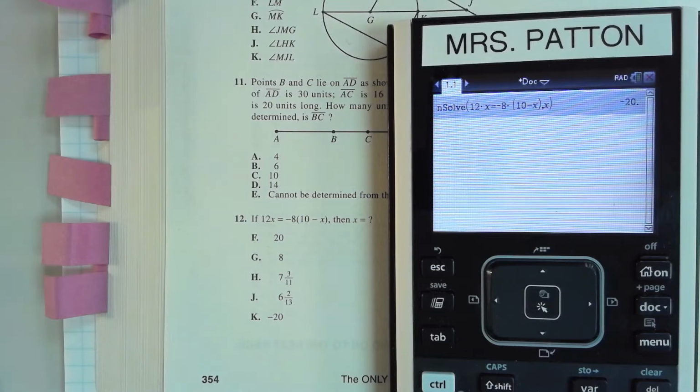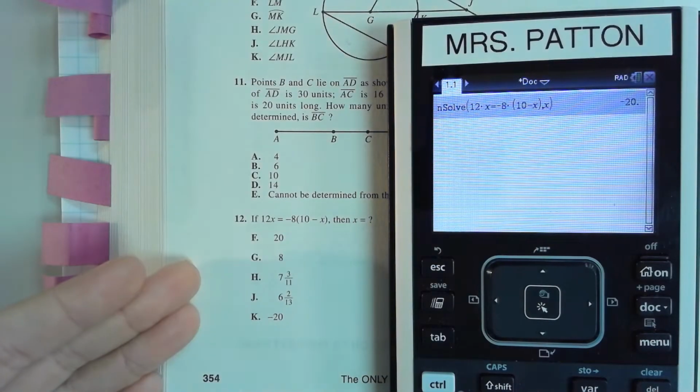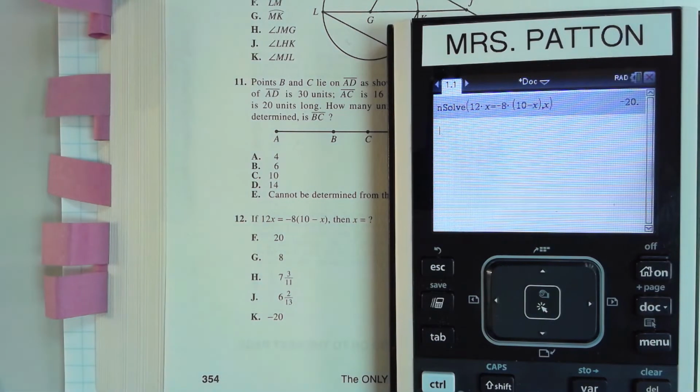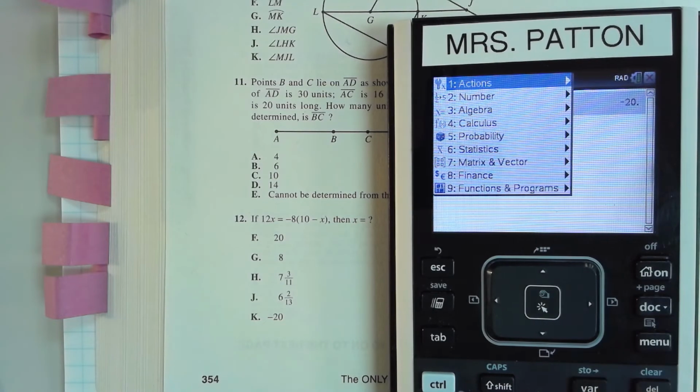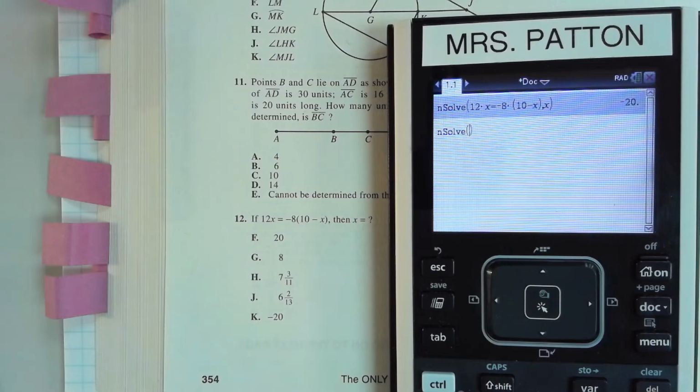At this point, we could have solved it much quicker by hand, but if you're looking at an equation on an ACT or SAT that you don't know how to solve, you don't know where to start, the solve works great. Again, I went Menu, number 3 for Algebra, and number 1 for Numerical Solve. I typed in my equation, and then I put a comma x.